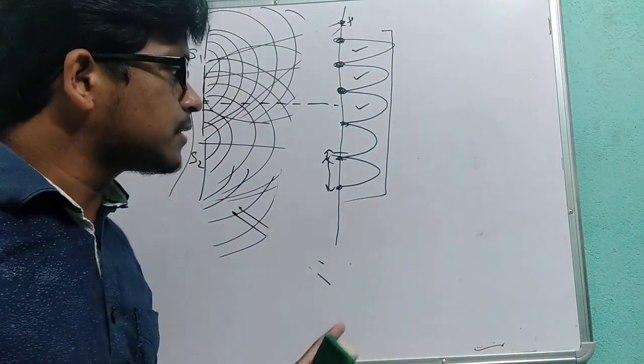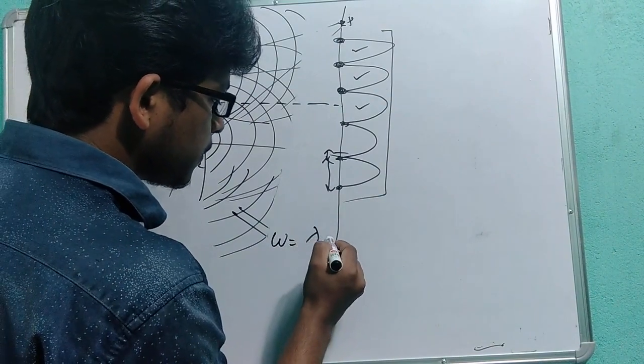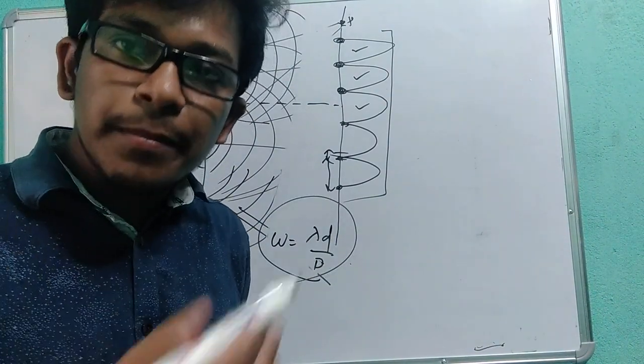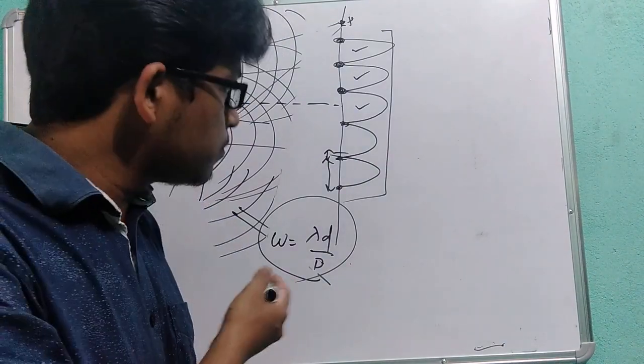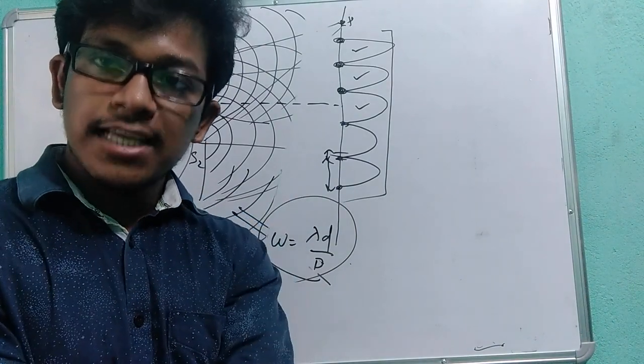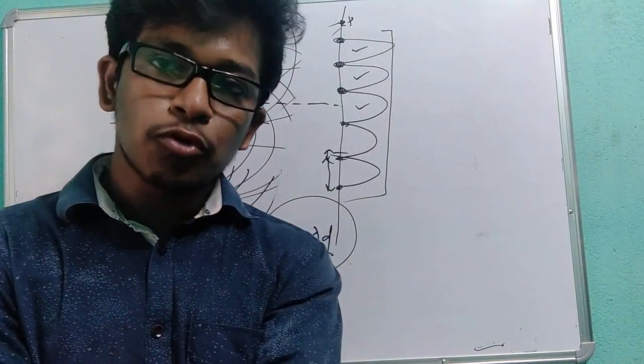But this way we used the formula W equal to lambda D by d. So can we always use this formula to calculate W, the width? No. We have to use another way, an experimental way. Whatever you deal with in physics, you have to prove experimentally.